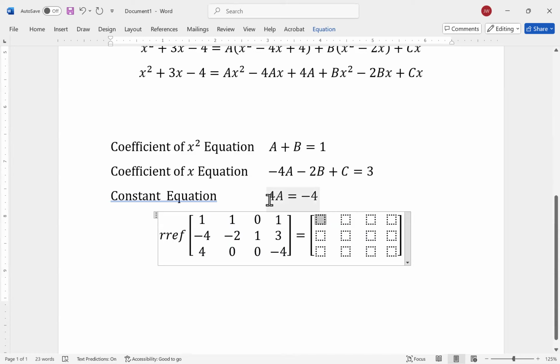Again, if you just want to use straightforward logic and substitution, this last equation gives me an a of negative 1. When I plug in negative 1 here, add 1 to both sides, you get b is 2. And then if A is -1 and B is 2, that would mean C has to be 3 from this middle equation. But you can also check that by doing RREF of this matrix.